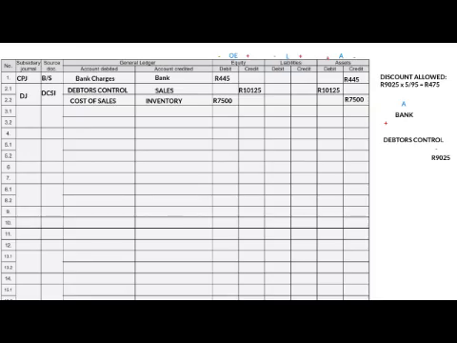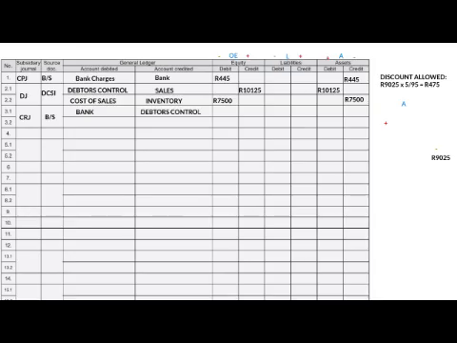The journal, because we're receiving money, will be our cash receipts journal. The source document is our bank statement. The account debited is our bank account. The account credited is our debtors control account.